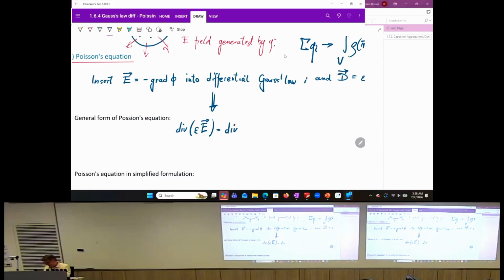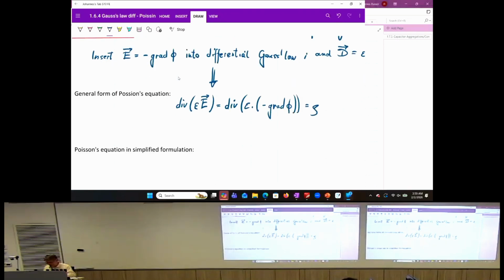And the E field we replace now by the expression that relates the E field to the scalar potential, that is minus gradient phi, and that is rho. So now we can assume, in the instance where we can, that the permittivity is not position dependent, then we get a simplified formulation.